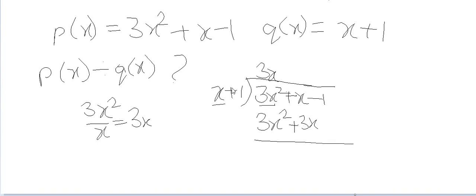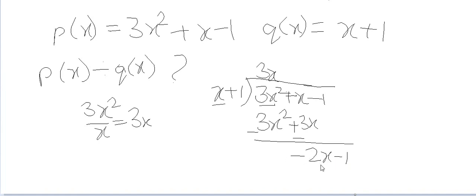Whatever I get by multiplying this binomial, I'll subtract it from the previous dividend. And by subtracting it, we get a new dividend, which is minus 2x. Not only is minus 2x our new dividend, we will also carry forward this minus 1. So minus 2x minus 1 is our new dividend.